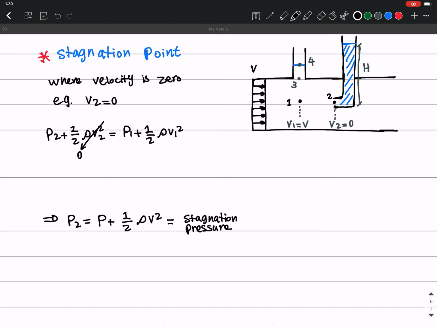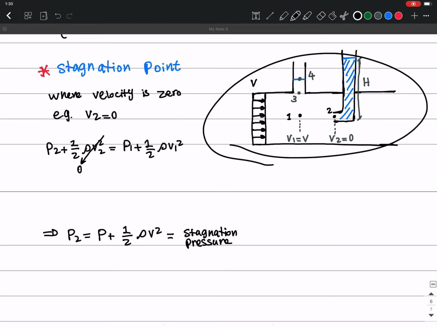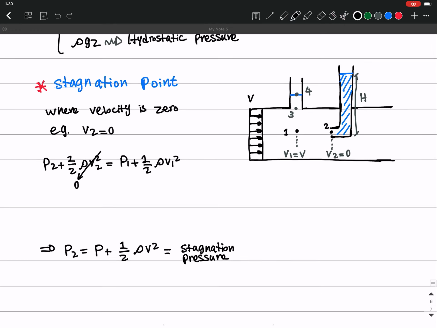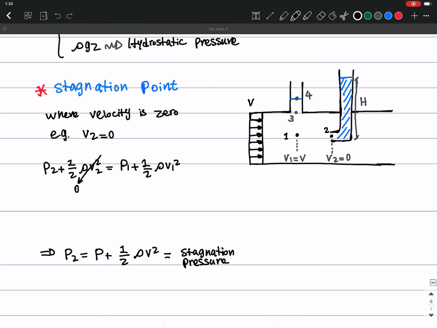So this thing that you see here is kind of the mechanism in Pitot tubes that we can use to find the velocities, using these stagnation points.